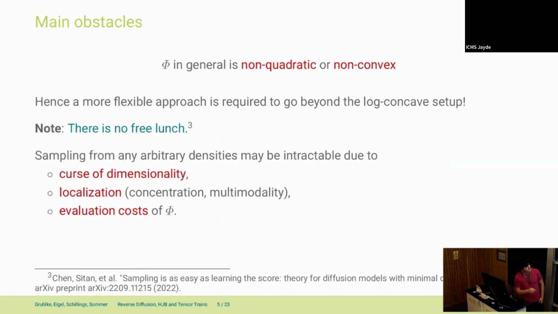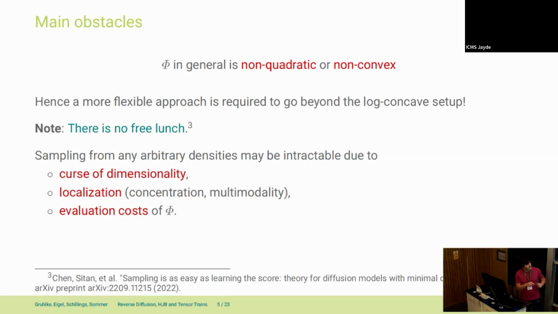Okay, the problem is, however, that the potential usually doesn't yield a density that admits these functional inequalities. For example, we are not in a convex case or we are fully nonlinear, think of multimodality, etc. in these resulting densities. And hence we need a more flexible approach that is not treated already by Langevin dynamics.